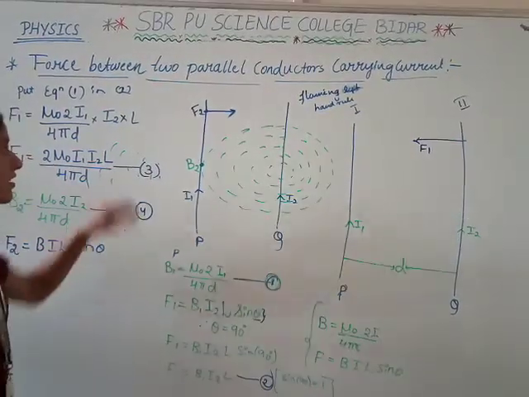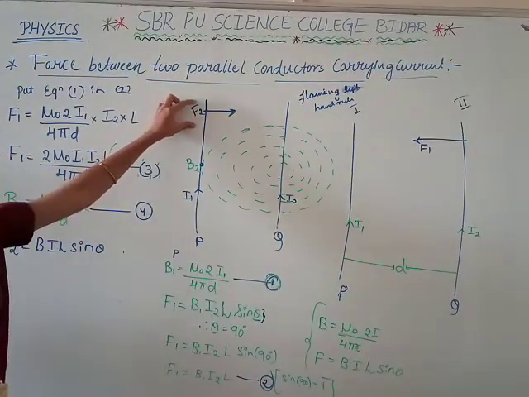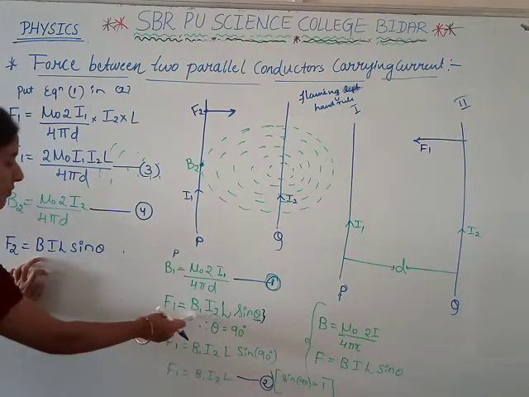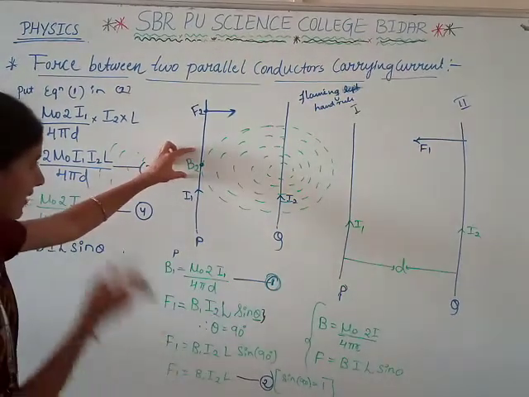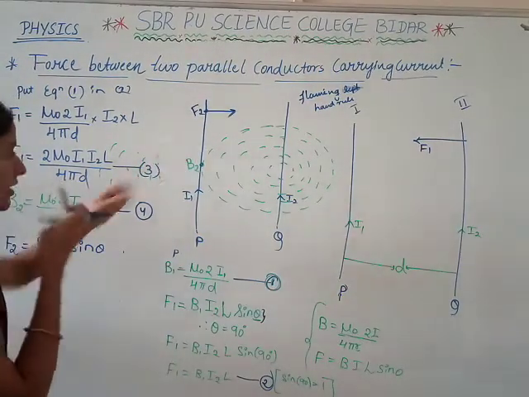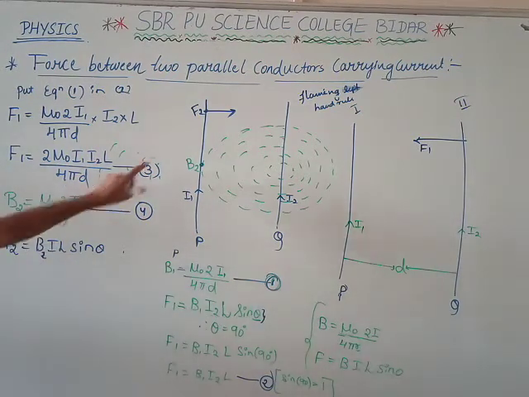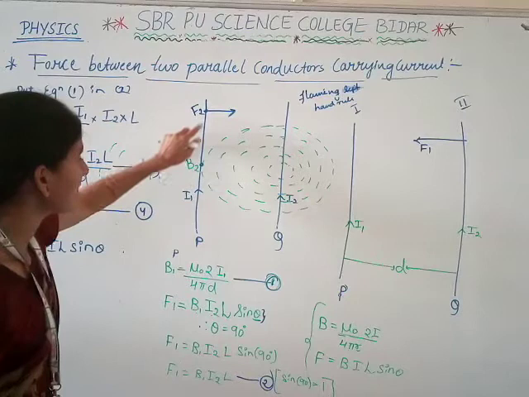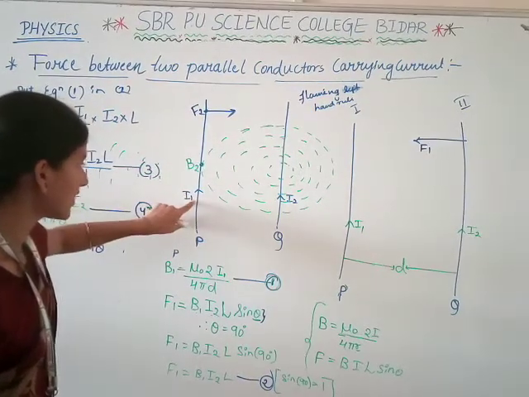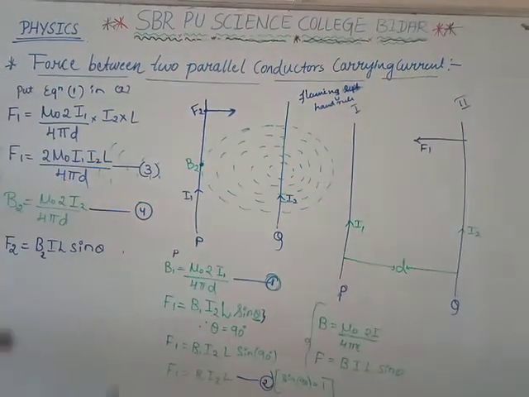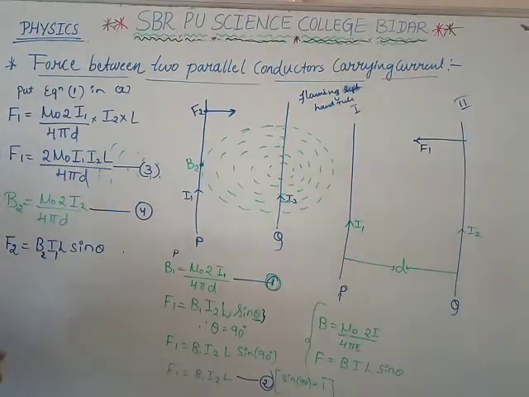Here we are finding the magnetic force, that is F2. F2 is equal to B2, because the magnetic field B2 is produced here. On which conductor is the B2 magnetic field produced? On conductor P, in which the current I1 is flowing, so we have to take current I1: B2 into I1 into L into sin theta.